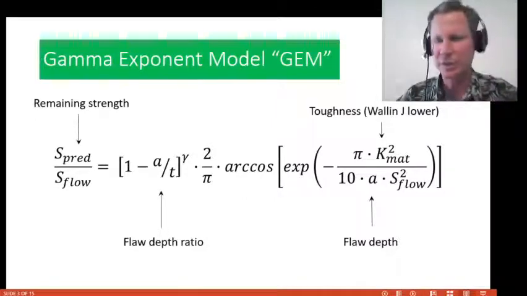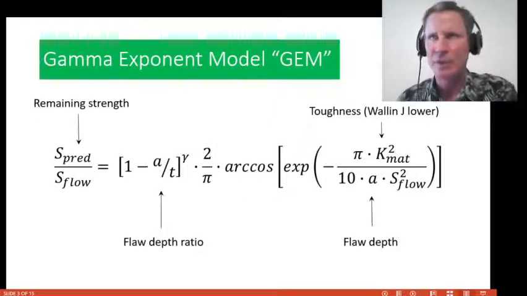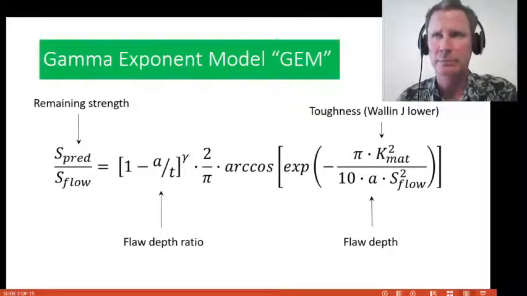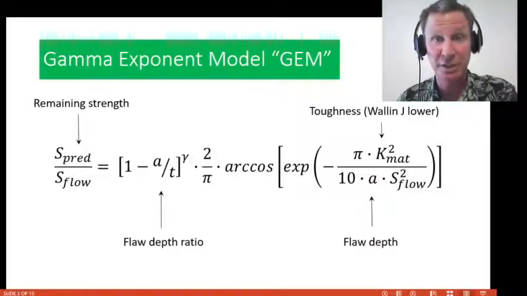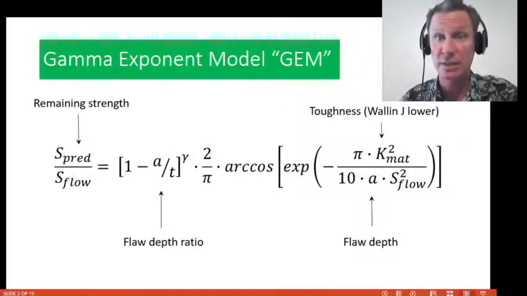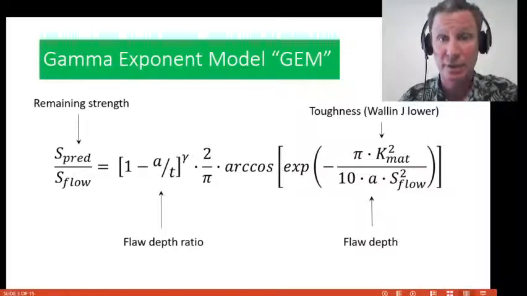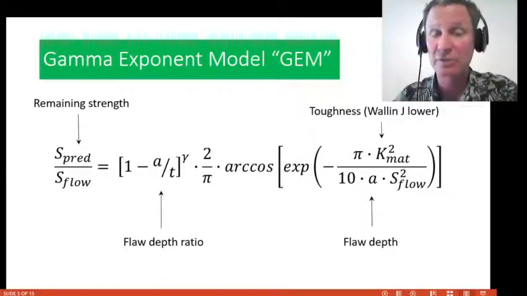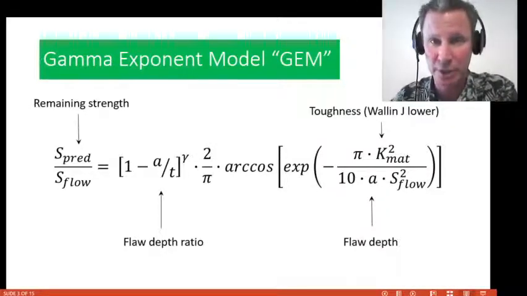Now what's really interesting with this is when I do the log secant model derivation for a part through-wall crack, I have to put in a backwall correction factor, which in this case is the square root of the secant of the flaw depth. And what's really cool about this equation is if I put in that secant term and I go through all the mathematics, at the very end, I pop out with this remaining ligament to the gamma exponent term, which replaces the need to Frankenstein in a B31G equation.